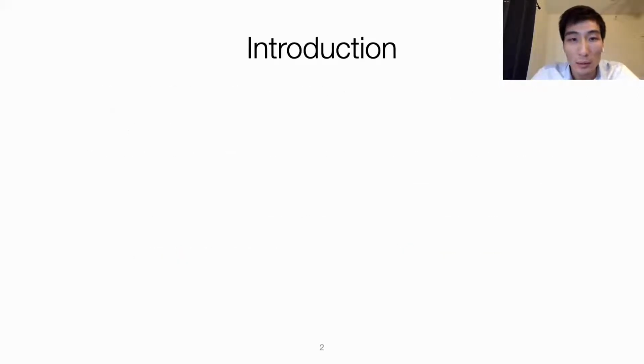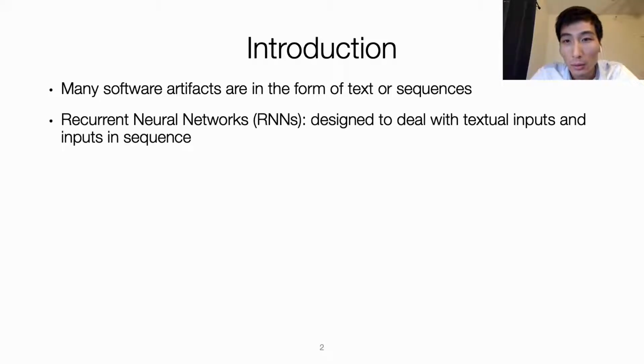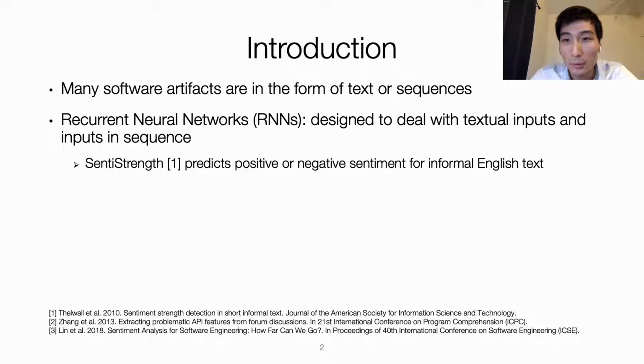In software engineering, we have a lot of artifacts that are in the form of text or sequences, such as code comments and user reviews. We utilize those artifacts to assist software development or maintenance. Recurrent neural networks are widely used machine learning models that can deal with those inputs. Here is an example. SentiStrength is a tool using machine learning models to predict sentiments.